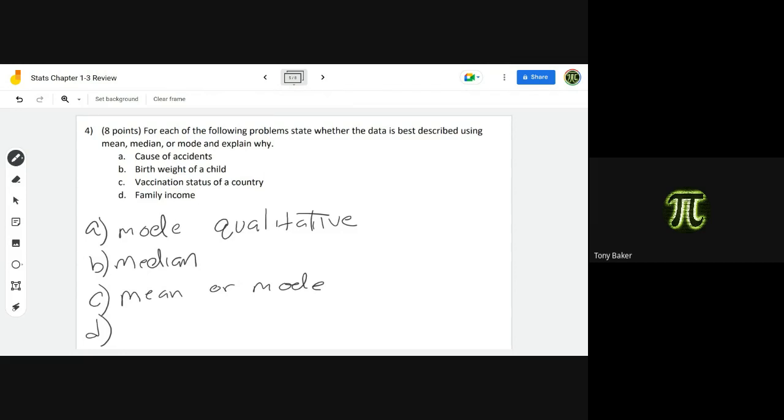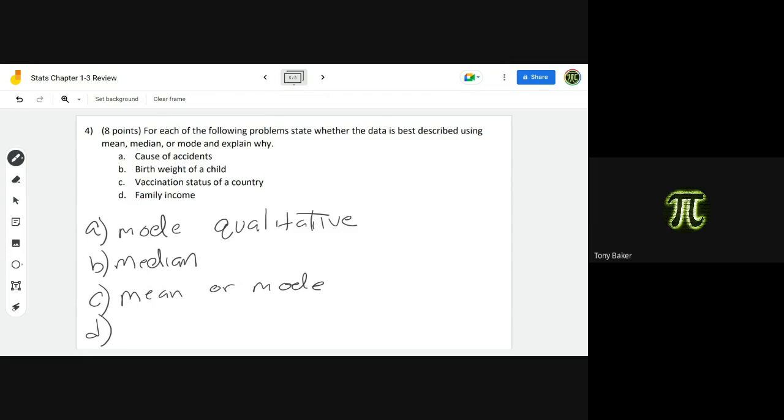Mean, mode, or median is basically a multiple choice. And you'll notice there's no multiple choice because I hate multiple choice questions. There end up being a lot of games played to try to figure out the right answer instead of actually understanding. The why is really the piece here. So if you can explain why you chose that and what you said makes sense, you're good.